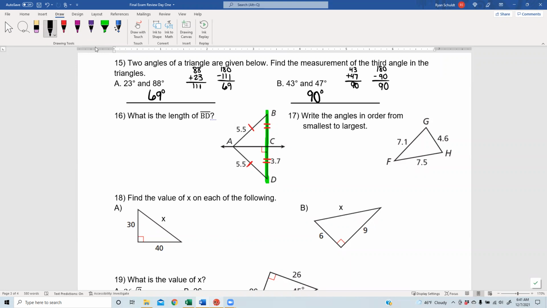So BC has to be 3.7 also, which means the whole thing has to be 3.7 plus 3.7, which is going to be 7.4. So BD is equal to 7.4.